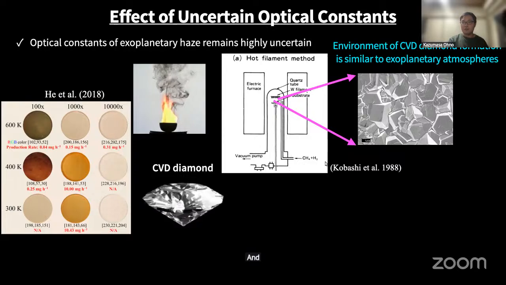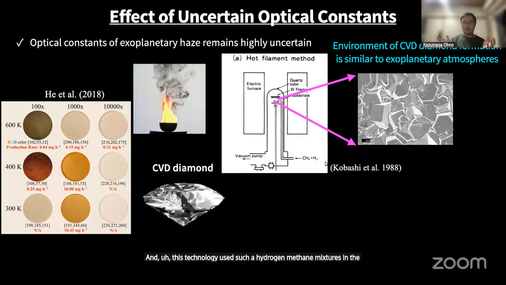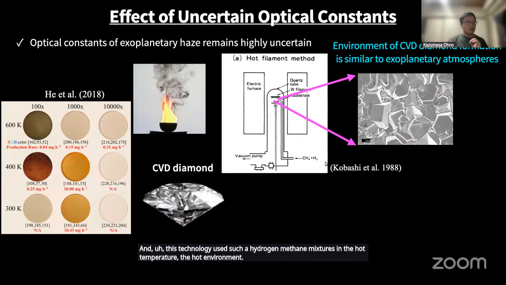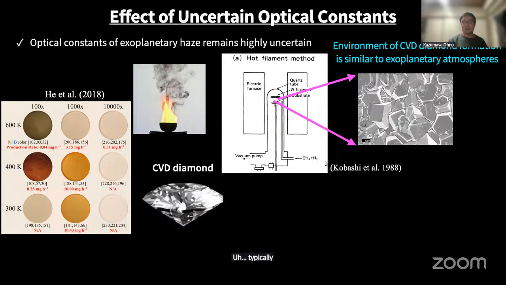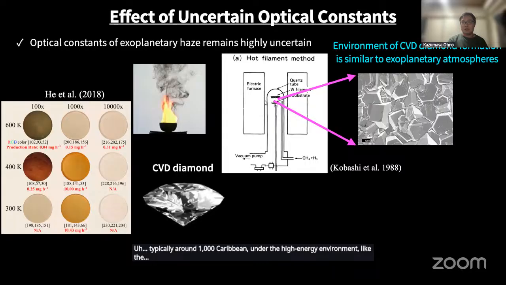It uses such hydrogen-methane mixtures in a hot environment, typically around 1,000 Kelvin, under a high-energy environment, like an experimental setup where a hot filament or some high-energy source is inserted to produce atomic hydrogen.